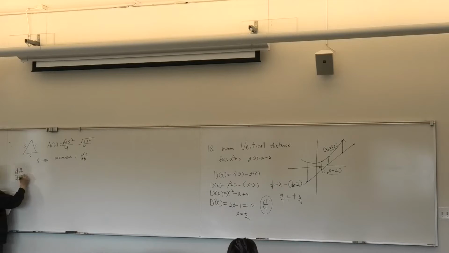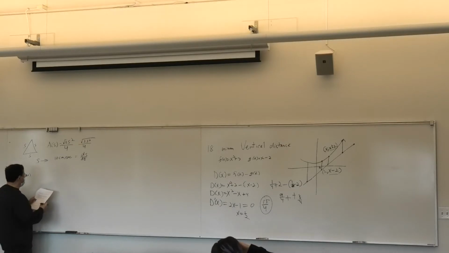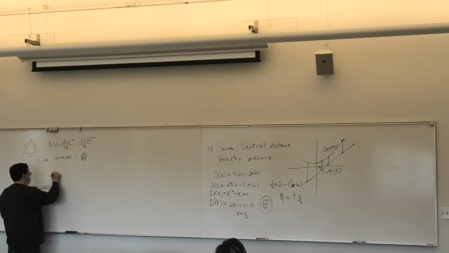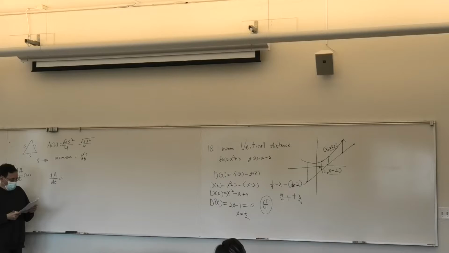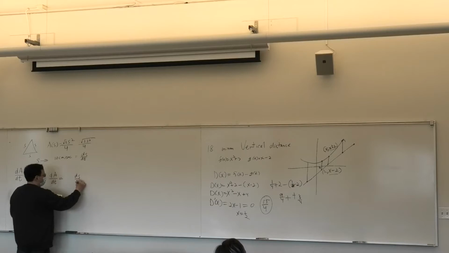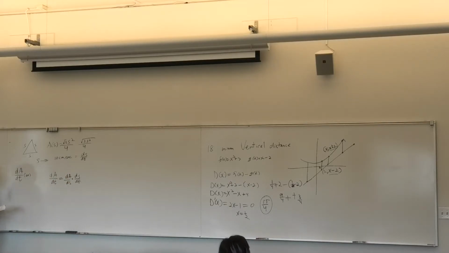I want to know this rate of change when the side is 20 centimeters. So I suggest, A, that you first write an equation using the chain rule, expressing the change in area of the triangle, dA dt, in terms of the rate that a side is changing. And then you just have to plug in the A and S here. That's the chain rule.